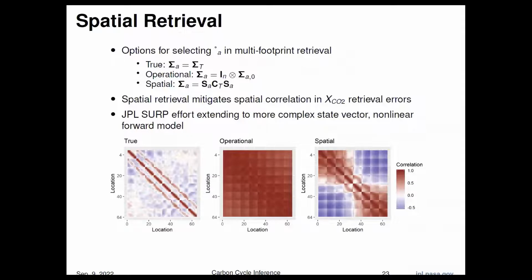However, the spatial choice on the third line does lead to a bit less bias, and it mitigates that spatial correlation. So it's a nice compromise there.